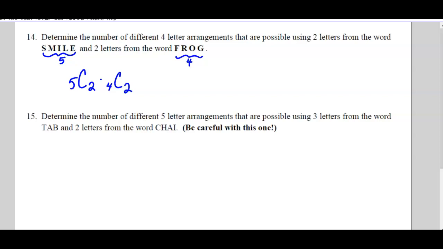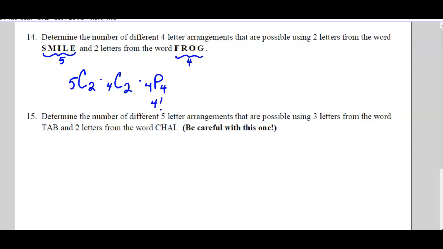But then for each of those groups of 4, you have to arrange them. So think about arranging 4: you can use 4P4, you can use 4 factorial, up to you.